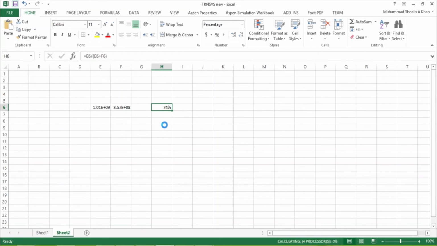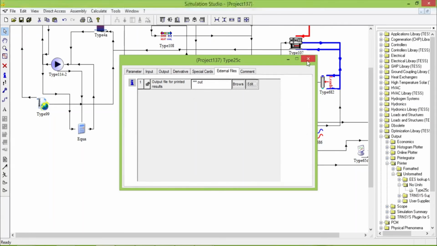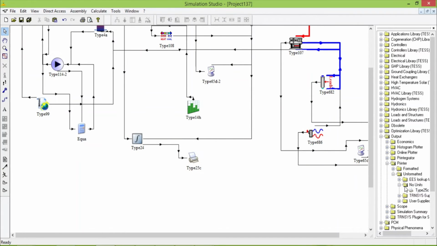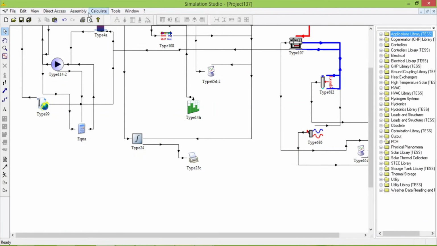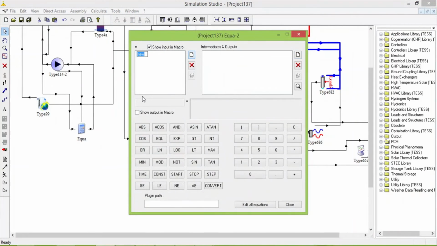So this is the overall performance, but if we want to calculate the instantaneous solar fraction, we can do that with another equation. So we say Q useful, Q auxiliary, and we call it solar fraction.